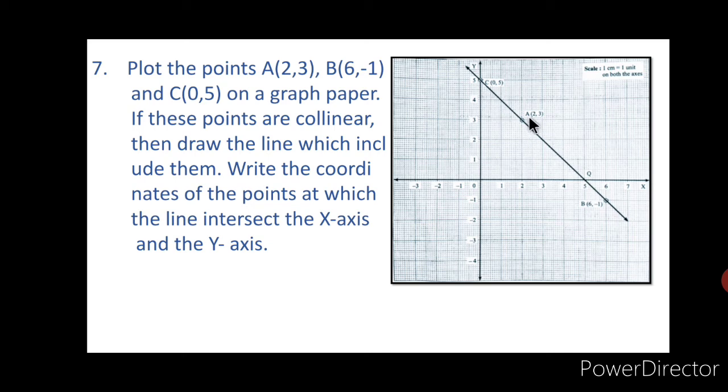The first point is A, whose x coordinate is 2 and y coordinate is 3. Then point B, whose x coordinate is 6 and y coordinate is minus 1, and the last point, point C, whose x coordinate is 0 and y coordinate is 5. Then you can observe that all these 3 points are collinear.